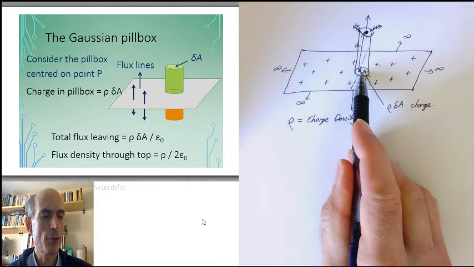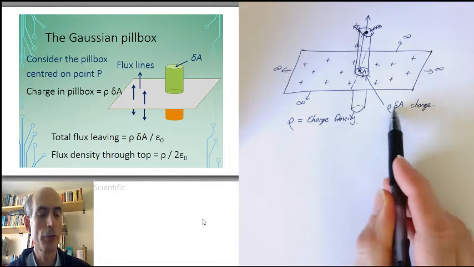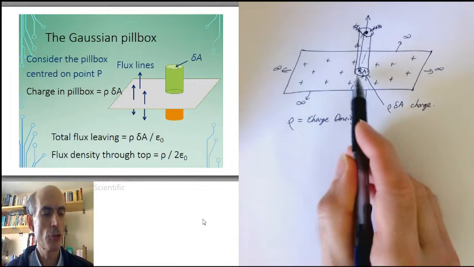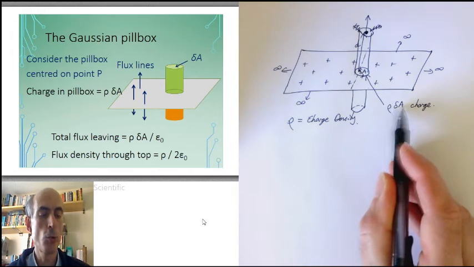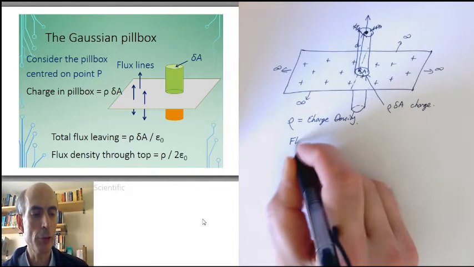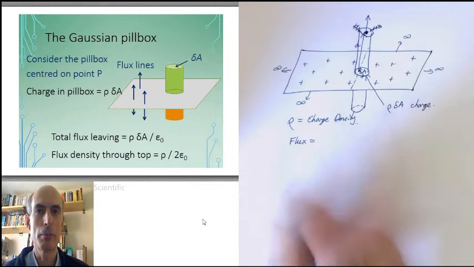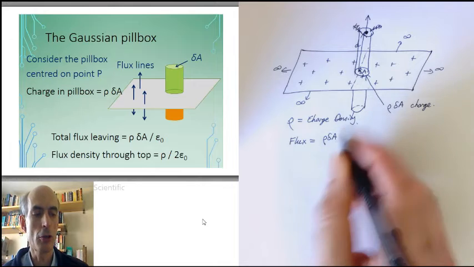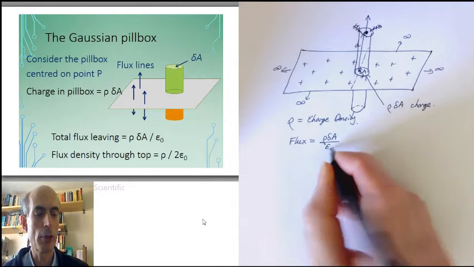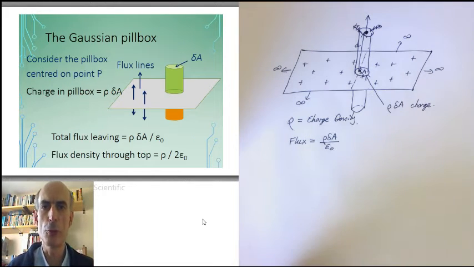And it has a cross-sectional area of delta A, which means the charge enclosed in the Gaussian pillbox is rho times delta A. Therefore, the flux that's emerging from this Gaussian pillbox must be rho delta A, the charge, divided by epsilon naught. That's what Gauss's law tells us.